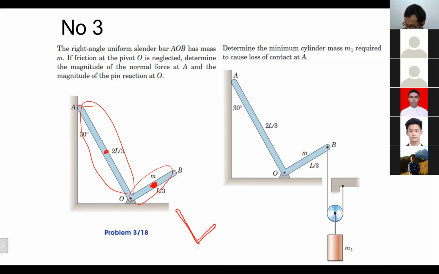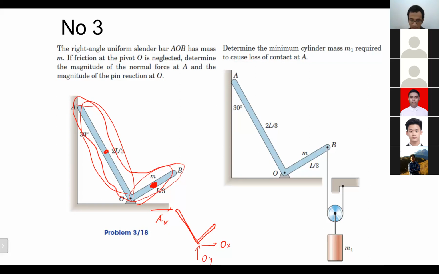The O there is supposed to be OY, OX, and here there's supposed to be AX. And then we have a gravitational force as usual. Remember, whenever we draw a free body diagram, you're supposed to isolate the system. The system that I want to isolate is only the L beam.